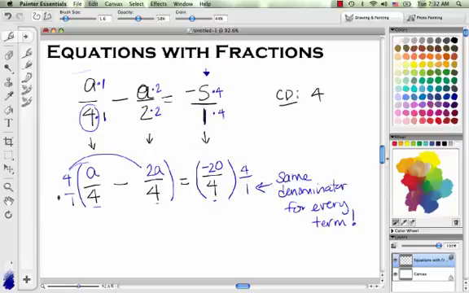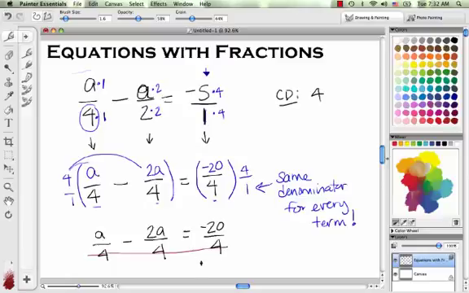And so what this means is, if you have written your equation a over 4 minus 2a over 4 equals negative 20 over 4, you can follow the rule every time that if you've gotten the same denominator in every single term, then you can cross them out.